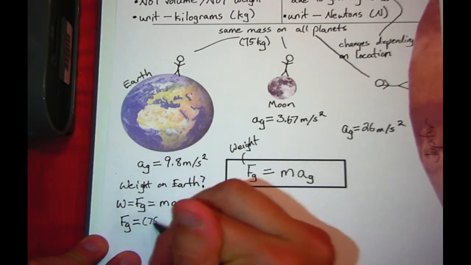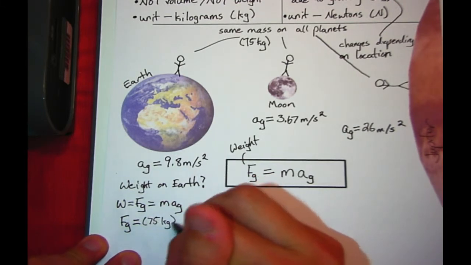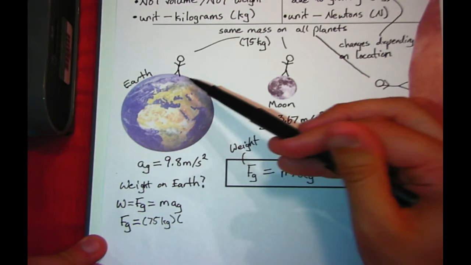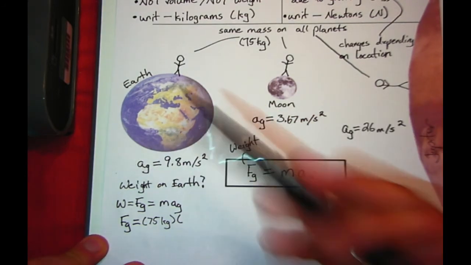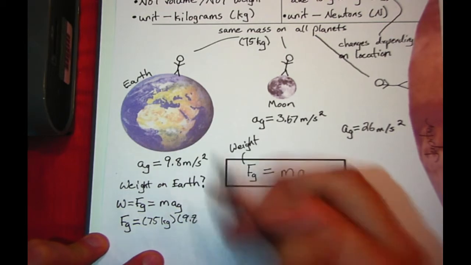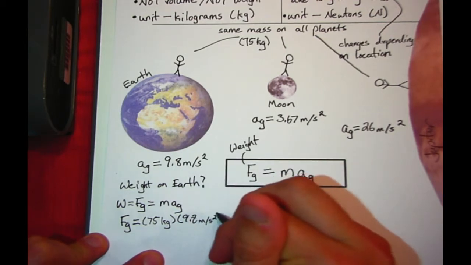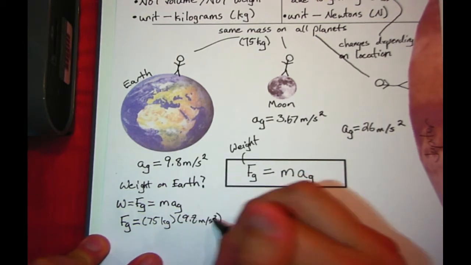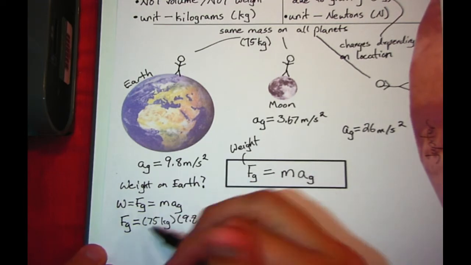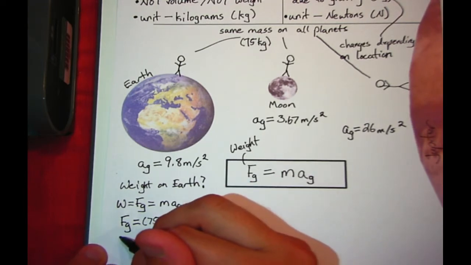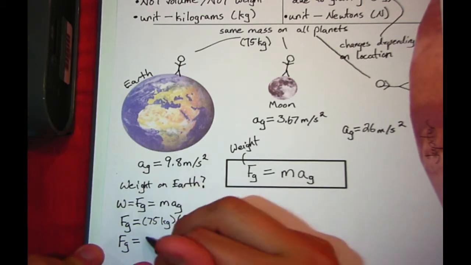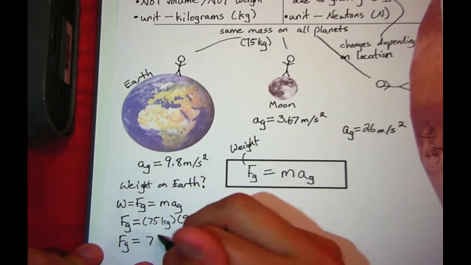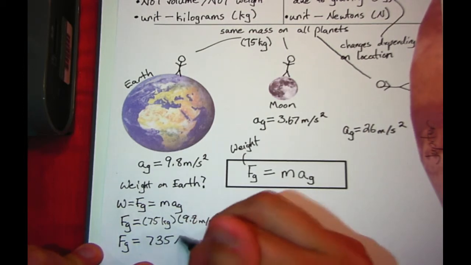That's how much stuff is in our person. And how much the Earth is pulling on this person is going to be in our acceleration due to gravity. So it's going to be 75 times 9.8 meters per second squared. You don't always have to put the units in these parentheses. When we multiply these together, we're going to get that the force of gravity, or weight, of this person on Earth is going to be 735 newtons.